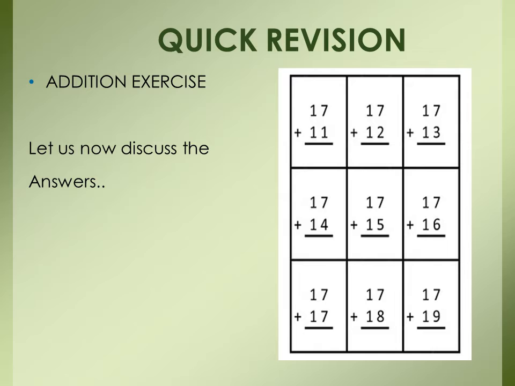And when we add the tens side, that is 1 plus 1, we get 2. So the answer comes as 28. I hope you are cross-checking the answers with me.